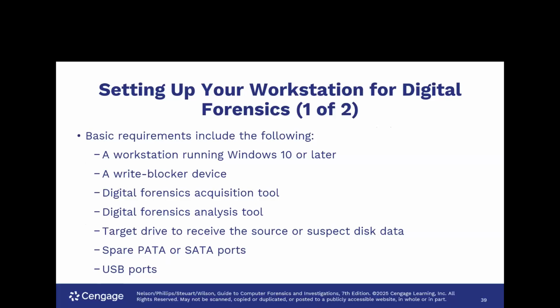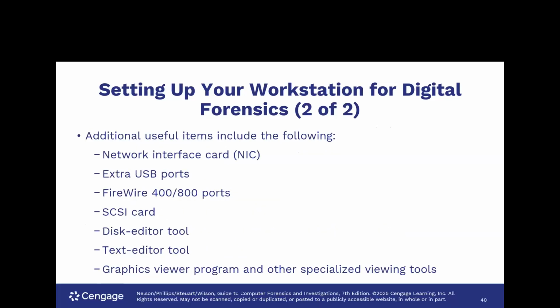Any additional equipment may depend on what types of devices you're likely investigating. We'll see some additional useful items here. The bigger idea is that forensic workstations should be prepared to safely acquire and analyze evidence from different types of storage media.